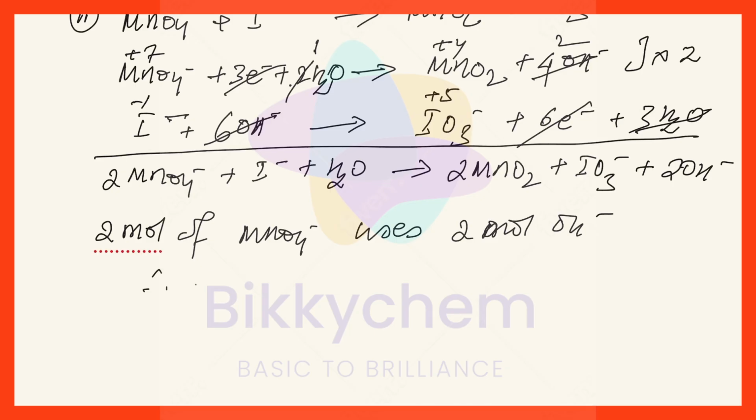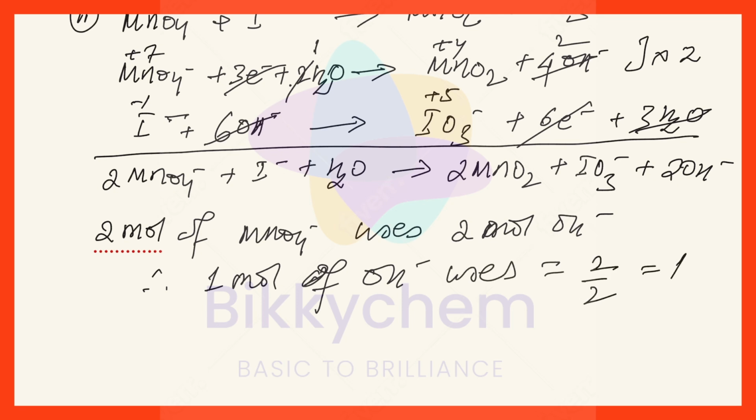Therefore 1 mole of I minus uses 2 by 2, which is 1 mole. So this is the one way. This will also give the option C.